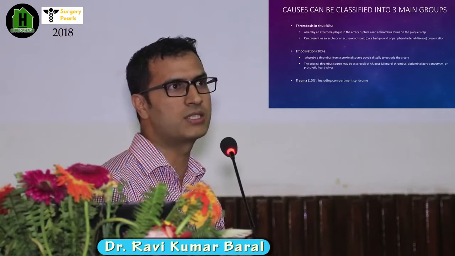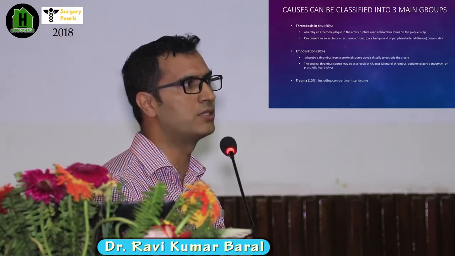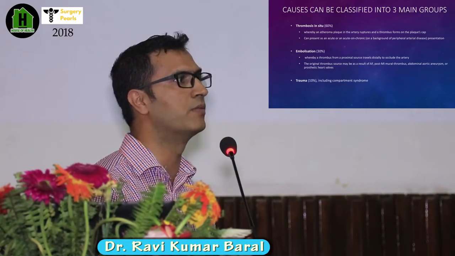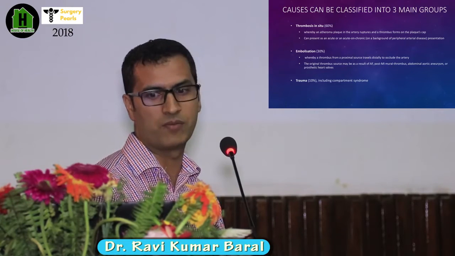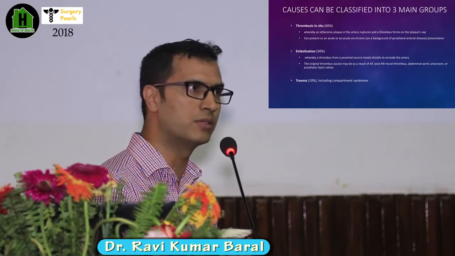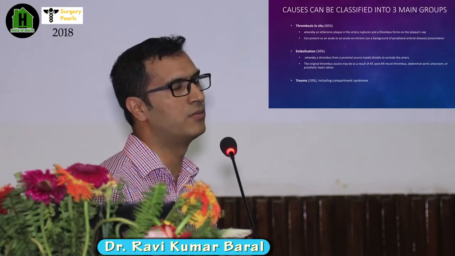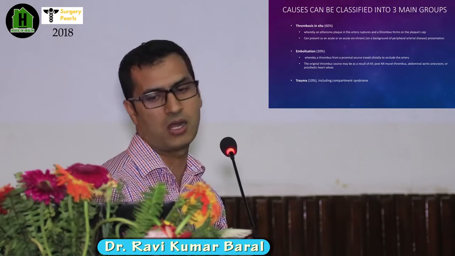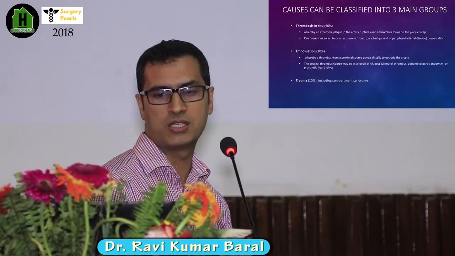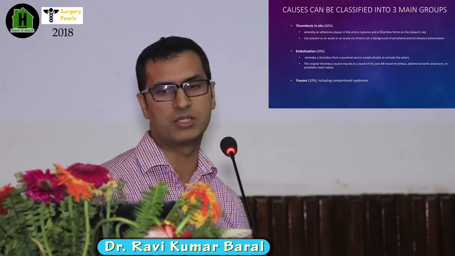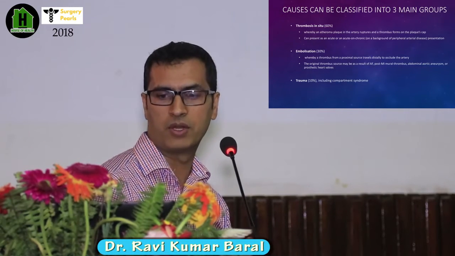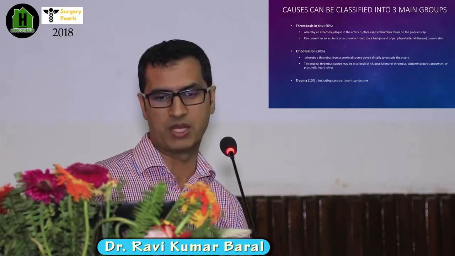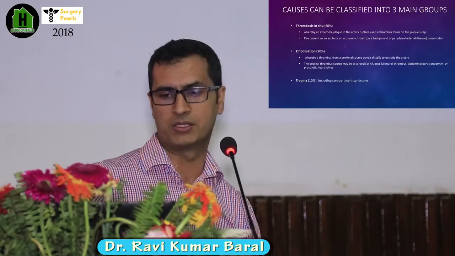In such instances, there can be embolization of the plaque found at the plaque rupture site or inside the heart when they have atrial fibrillation or some structural heart diseases. Embolization is the second commonest cause of acute critical limb ischemia. And of course, trauma is another one.